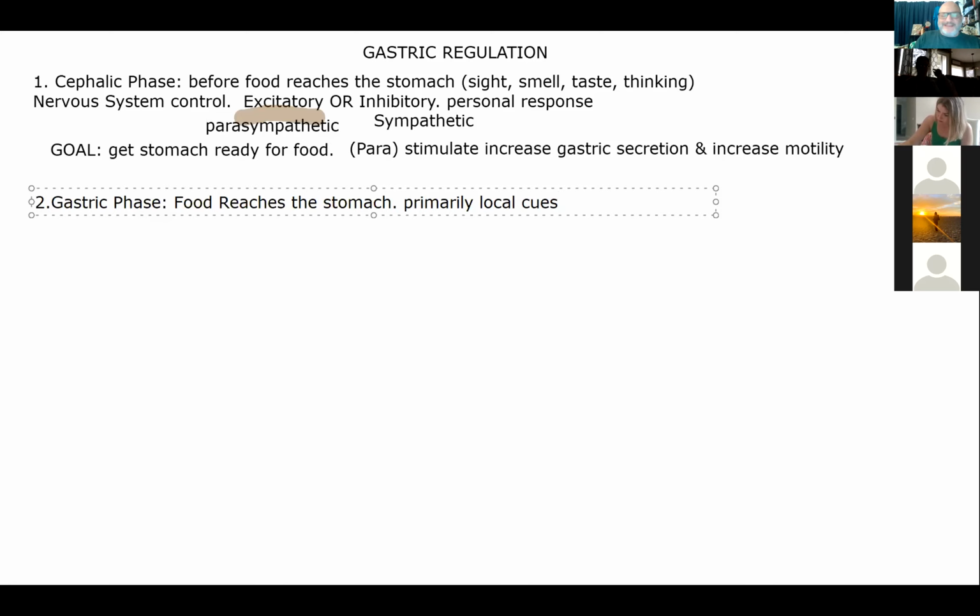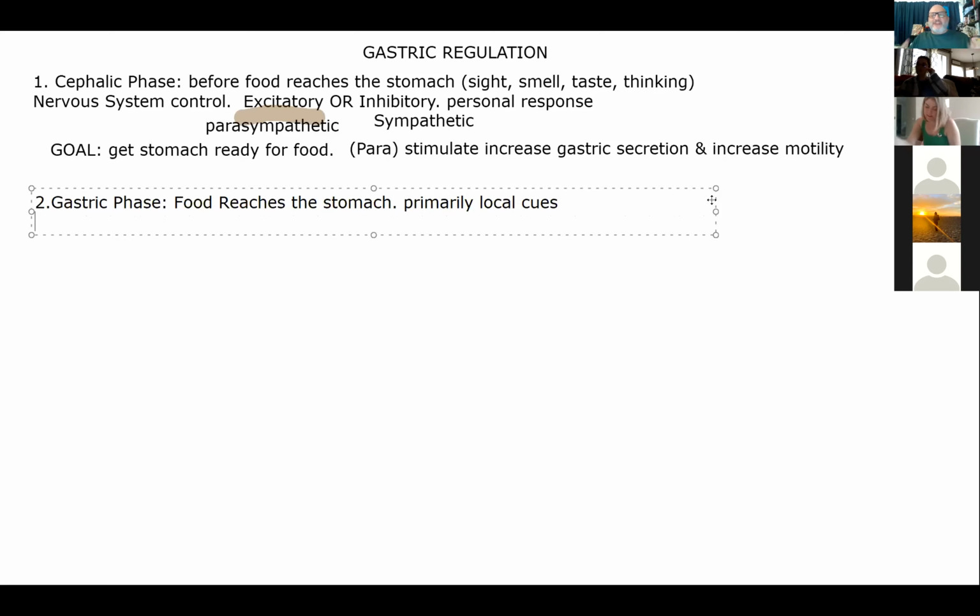Does your stomach care that you had to bribe your kid with 20 bucks to eat 3 Brussels sprouts? No, all it knows is that it is stretching because food is being presented to it. So in this case, we're getting a stretch of the stomach.